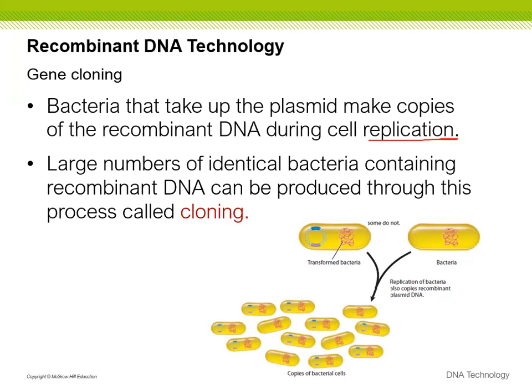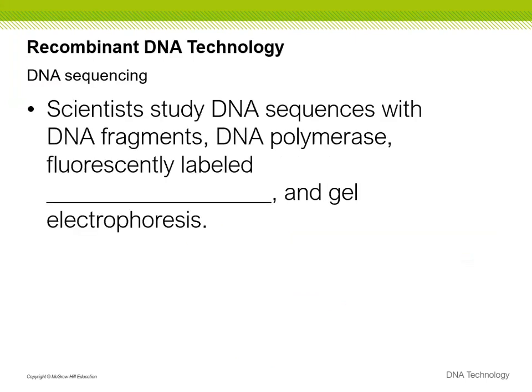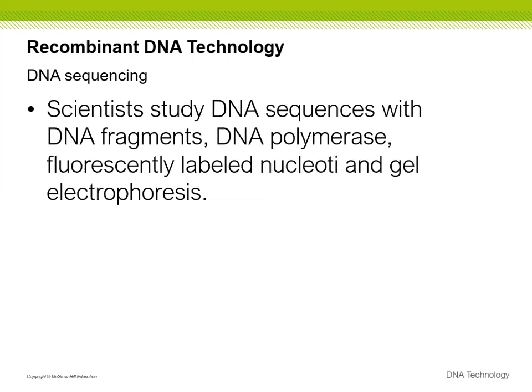Now I have a bunch of identical copies. I can now start producing research on this stuff. I have a lot of stuff to play with. So we study these DNA sequences with their nucleotides.